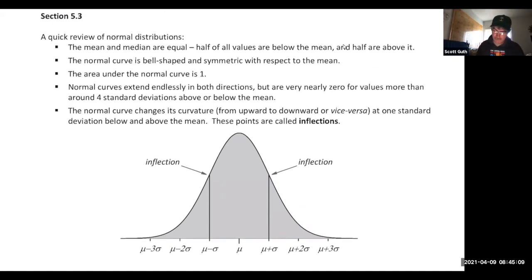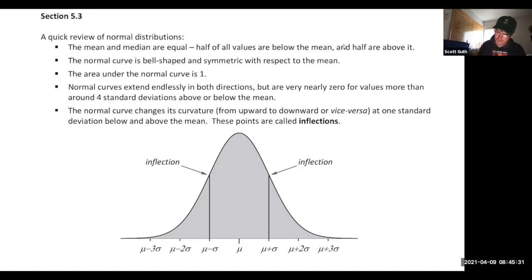It's bell-shaped and symmetric with respect to the mean. The total area under the curve is 1. The curve vanishes at about 4 standard deviations above or below the mean. It technically goes endlessly, but the probabilities round off to 0 after about 4 standard deviations.